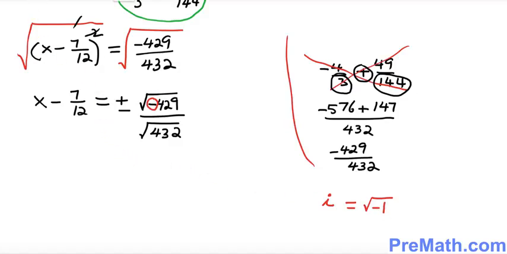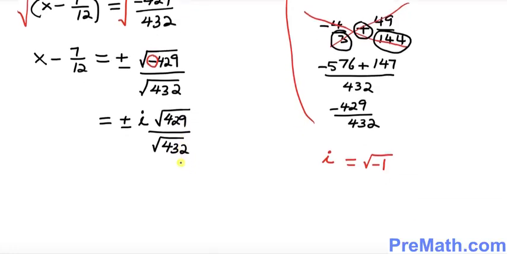So that's gonna give you positive or negative i times square root of 429 divided by square root of 432. So far so good.